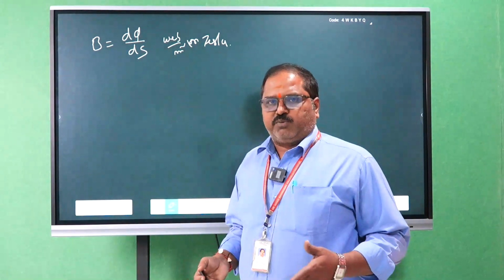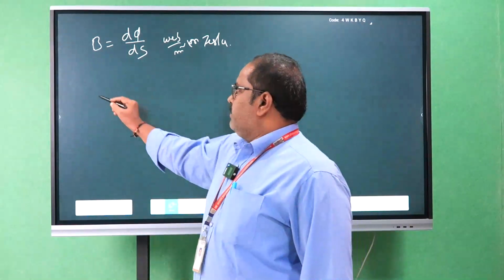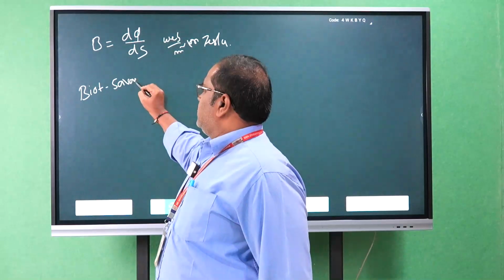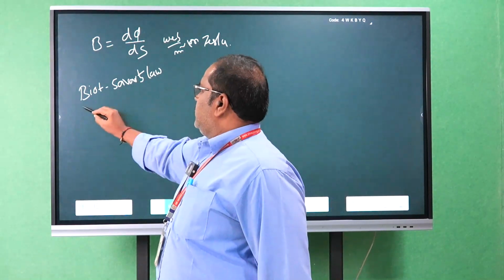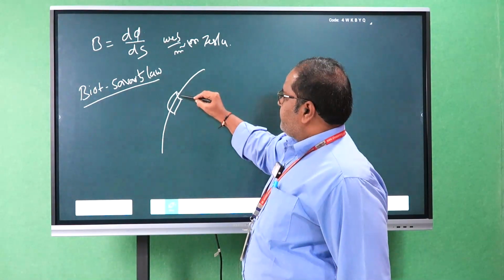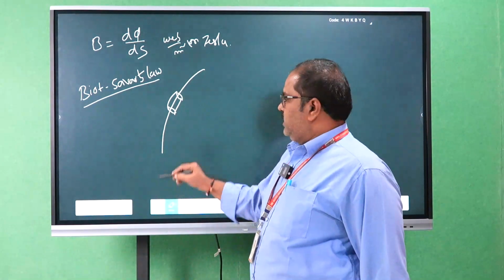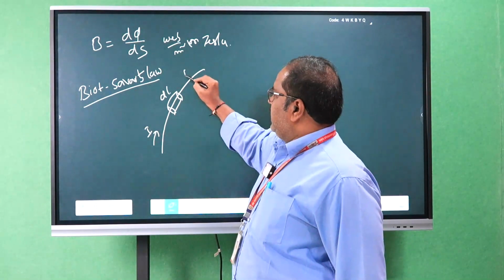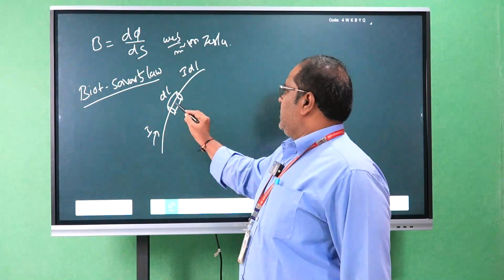Next, derive the expression for Biot-Savart's law. In Biot-Savart's law, this is a conductor carrying current I, with a differential element dl. The elemental current is I dl.